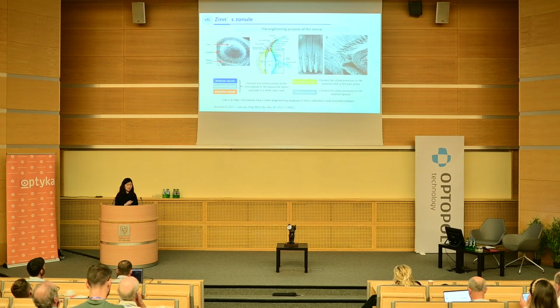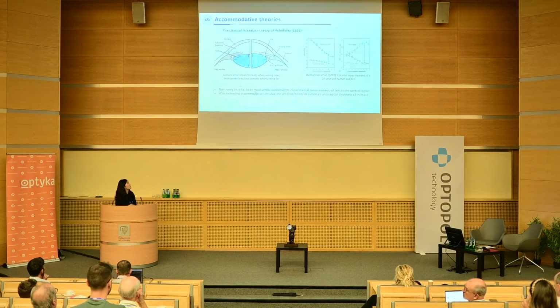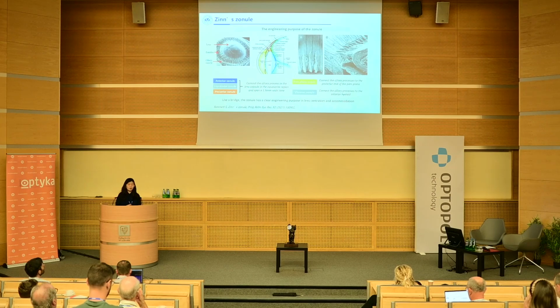You can imagine it has a very clear engineering purpose. The first one is to keep the lens in the center, lens centration, and the second one is to mediate accommodation. From anatomical studies, we know it's difficult to visualize the zonules in vivo, so all this information was actually from anatomical structures.